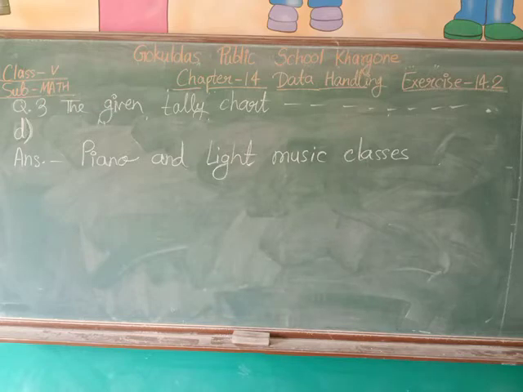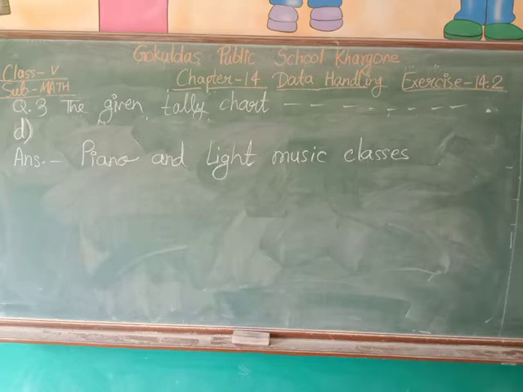Why? Because the number of students who attend piano classes is 32 and the number of students who attend light music class is also 32. That is why the data are equal. So this will be our answer.